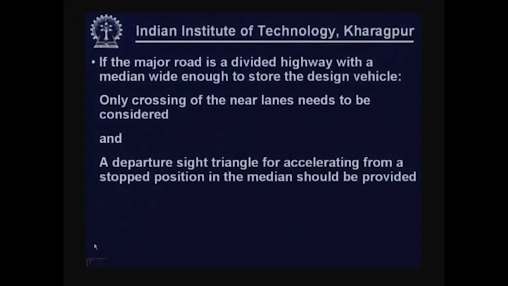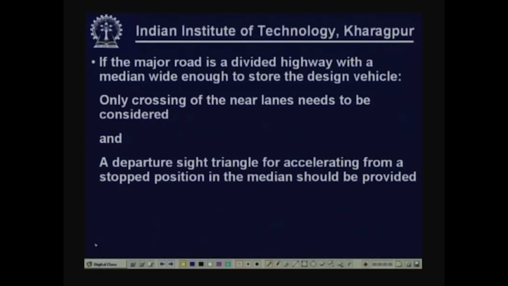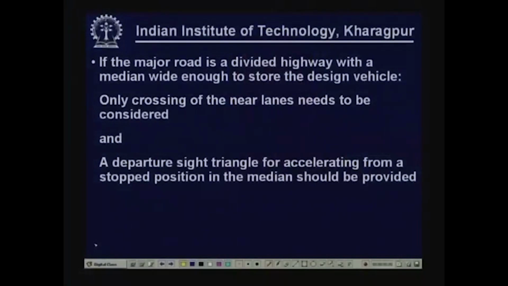If it is a divided road and median width is sufficient to store the design vehicle, then only crossing of the near lanes needs to be considered, because far lane crossing need not be taken into consideration along with near lanes, as the design vehicle can stop using the wide median.